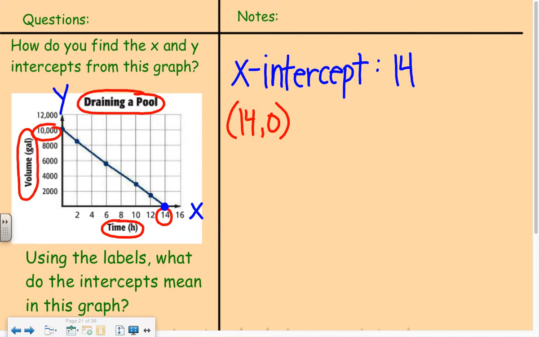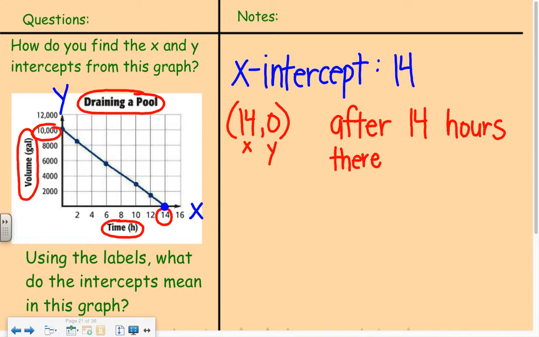So the 14, 0: 14 is my x coordinate, so my x label is time. So that means that after 14 hours, because that's what the time is, hours, then I look at the 0, which is my y coordinate. Well, our y label is the volume in gallons. So after 14 hours, there are 0 gallons of water left.